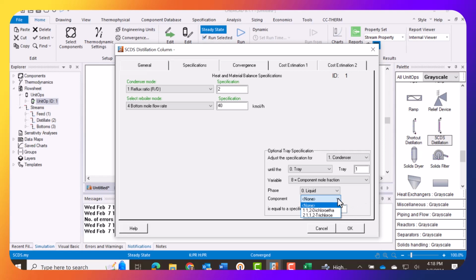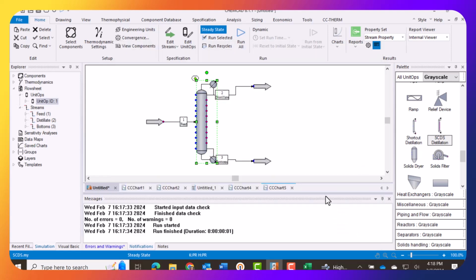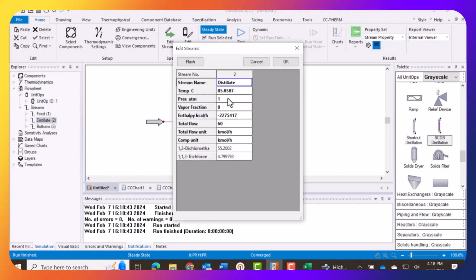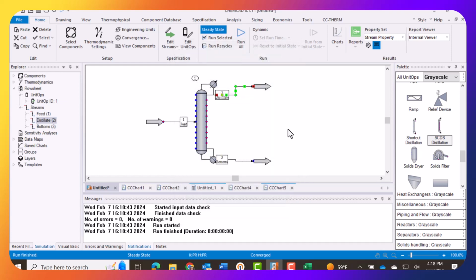And my component is 1,2-dichloroethane. And run that. So I can play lots of different games here, and that's going to make modifications to the way I'm operating this.